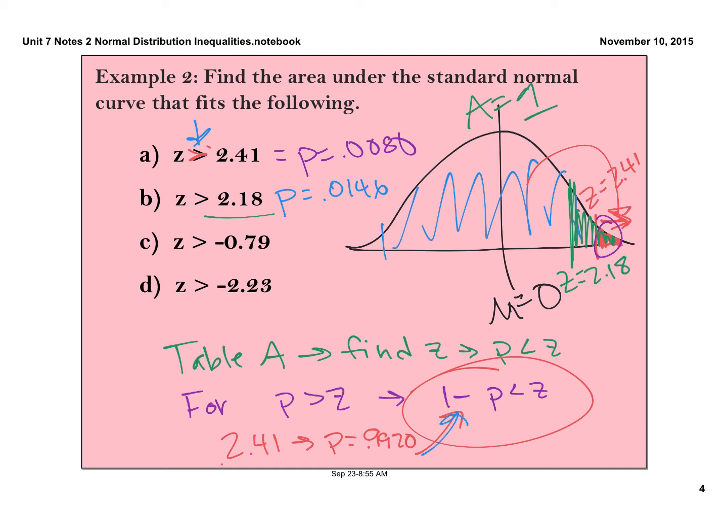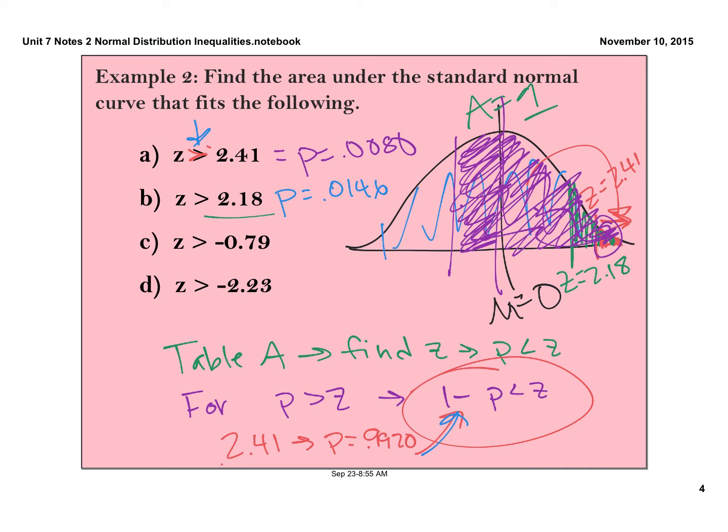Let's do the negative sides. Now we're down here. I have negative 0.79, which is right about there, not quite to -1, and I want what's greater than that. Okay, so take a look at your region. This is a pretty big region. This whole right half up here is 50%, plus I've got this little piece right here. So 50% plus that, I'm going to be at about 60-ish%.